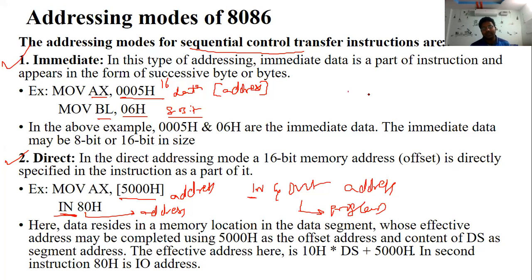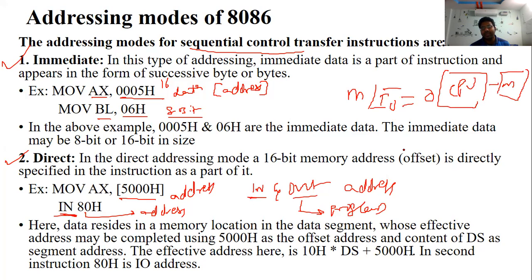You know the M/IO bar pin: whenever you write IN and OUT instructions, this pin goes to 0. Normally the CPU is connected to the memory, but when you give IN and OUT instructions, the CPU is connected to the input and output devices. So this is the direct address. The instruction itself directly represents some address location.